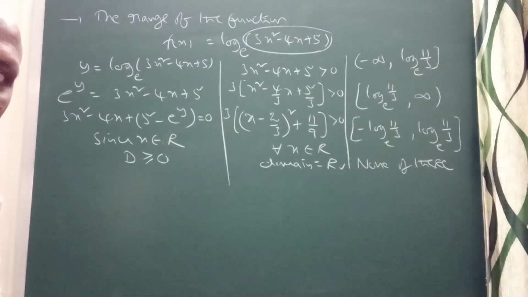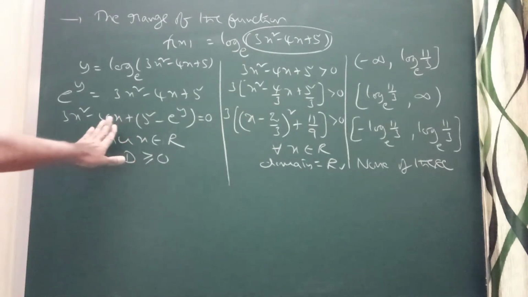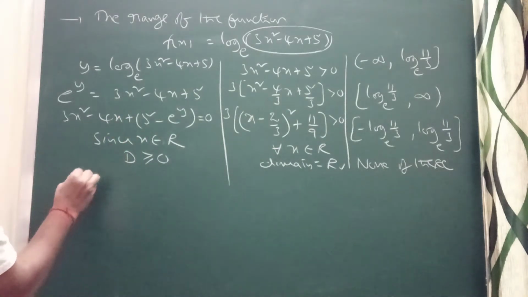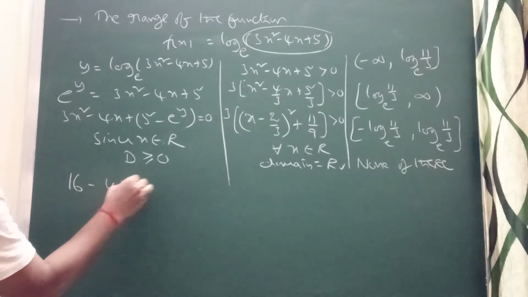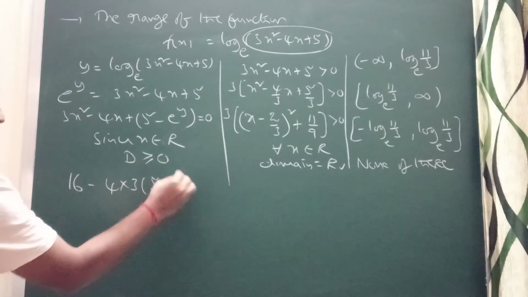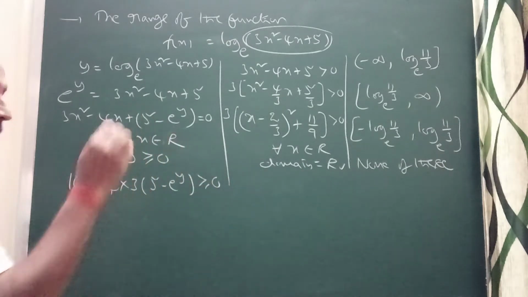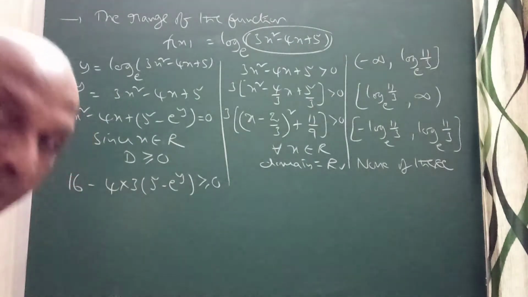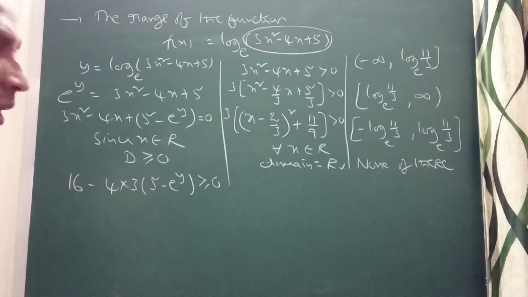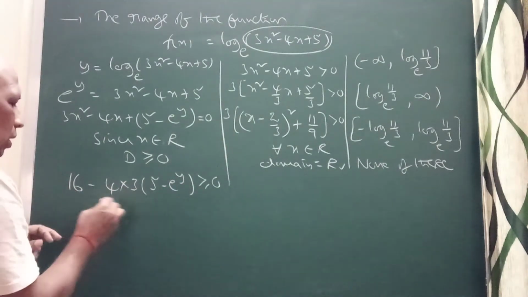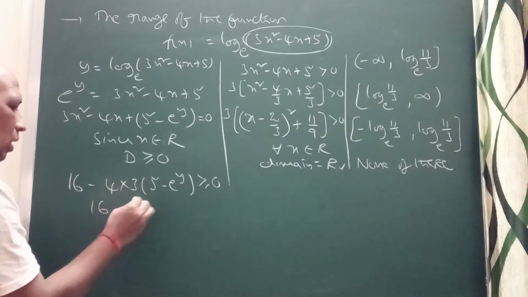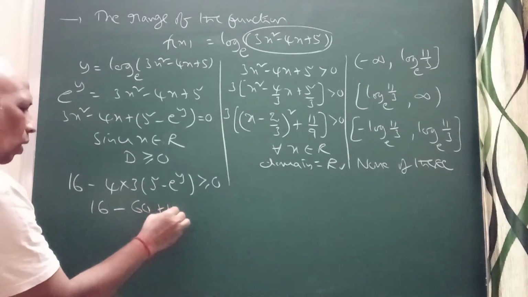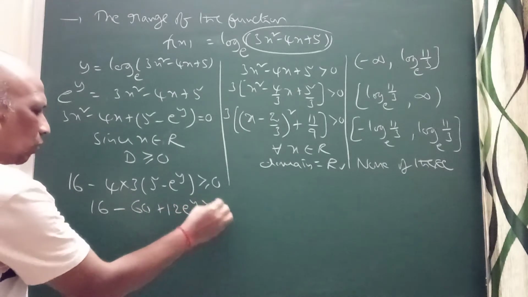Now you can check here. The discriminant is b square minus 4ac: 16 minus 4 into 3 into 5 minus e power y, greater than or equal to 0. Then we can simplify here. This will become 16 minus 60 plus 12 e power y greater than or equal to 0.